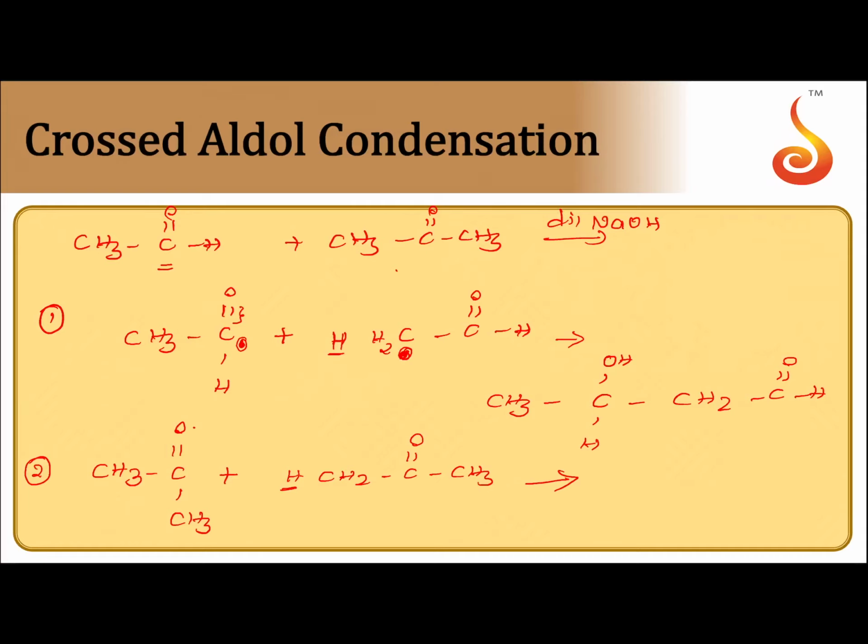What we learnt: this hydrogen forms a bond with oxygen, and this carbon atom and this carbon atom will be bonded together. So what will I get? CH3C(OH)(CH3)CH2COCH3. This is the second product.